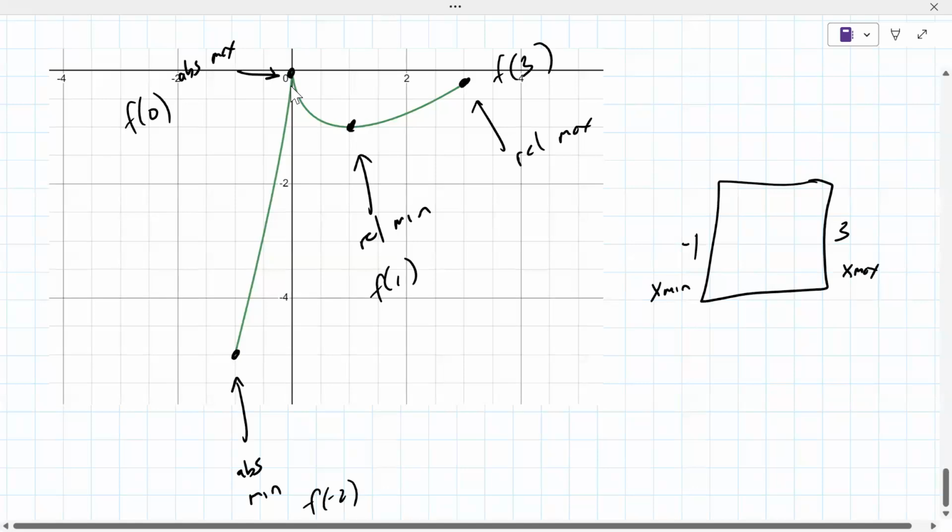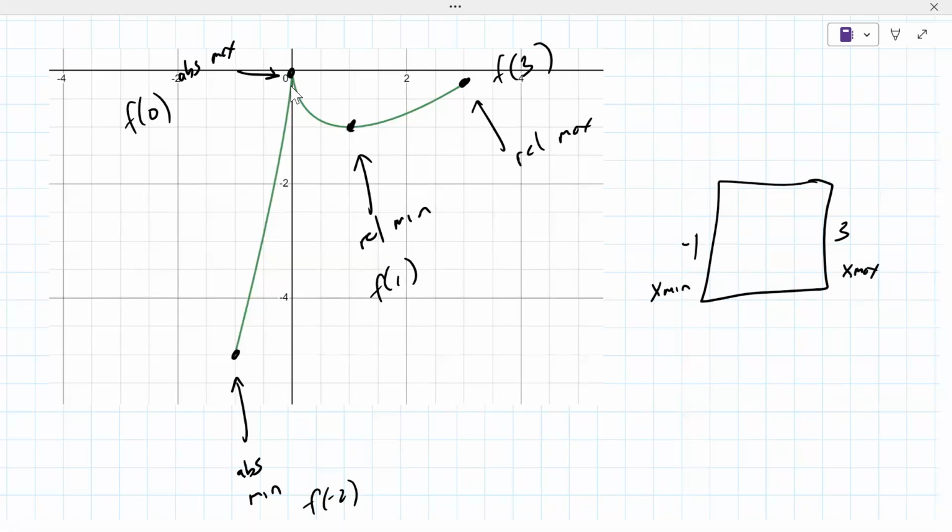Whenever it's asking me to find relative max and mins, do I have to put the coordinate or can I just put at x equals 1, do you think? I'm reading the answer here. See if your instructor accepted it.